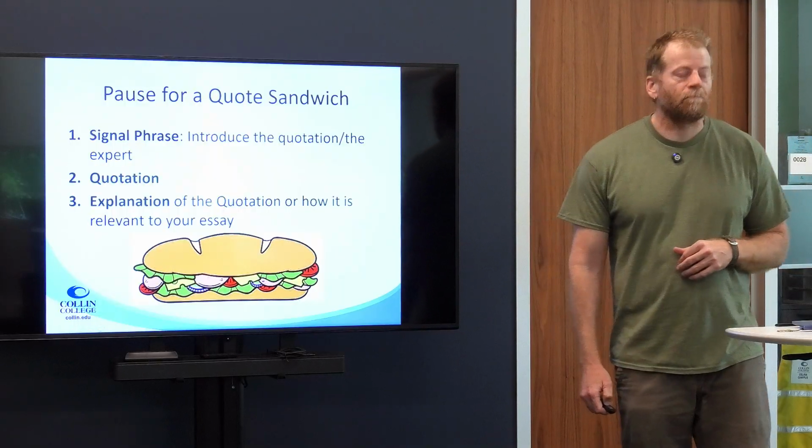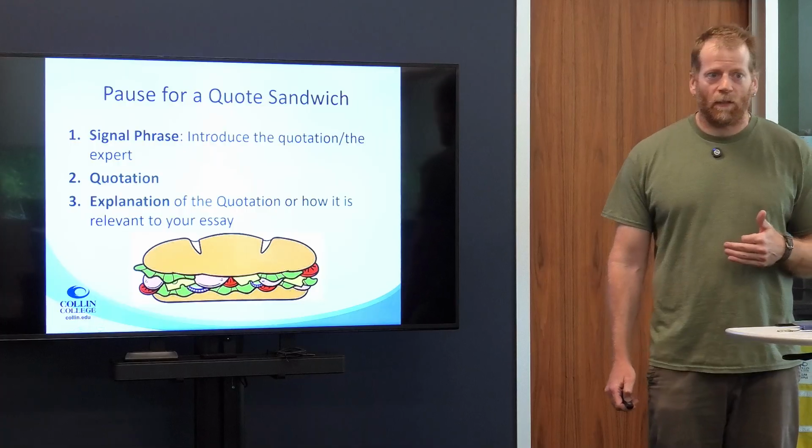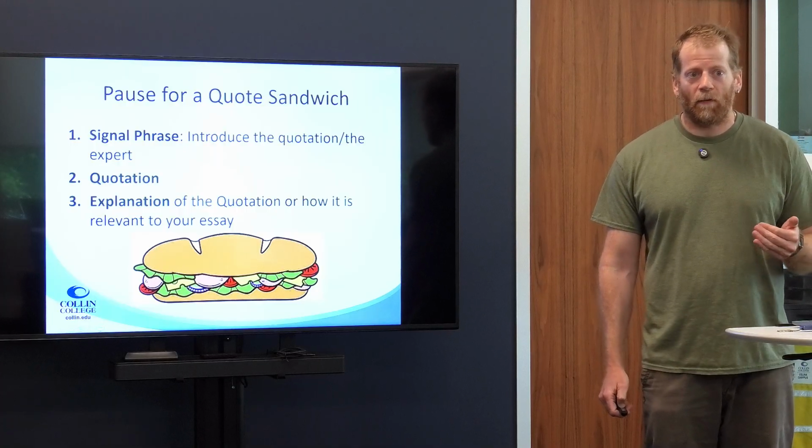Then you want to provide the source information, whether it's a quote or a summary or a paraphrase. And then you want to explain that. Don't assume readers are going to understand the quote or the paraphrase. Give them explanation about how it fits into your argument or your position.